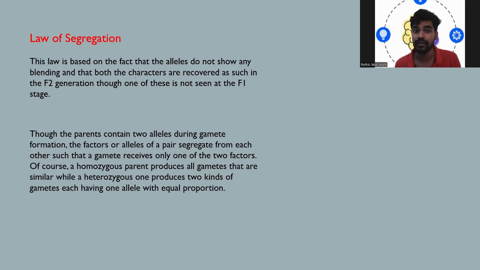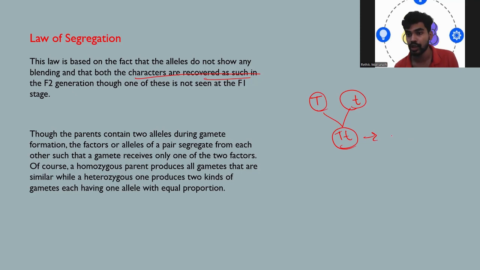Whatever characteristics we see in the parental flower, plant or animal, that gets recovered in the F2 generation. If you take a tall plant and a dwarf plant, in the F1 generation every plant will be tall.